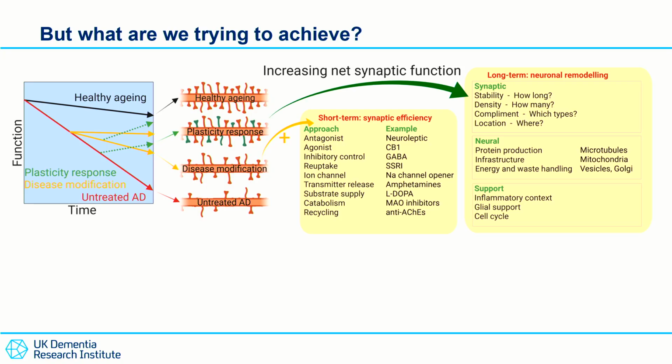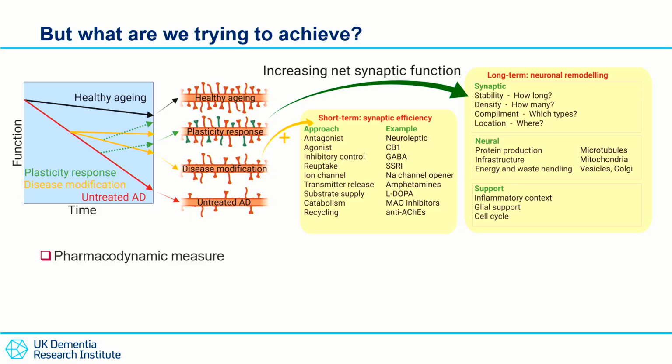But we are thinking more longer term, more neuronal remodeling, how we can either boost the numbers of synapses, boost certain types of synapses, or their molecular composition, as well as providing the necessary support they need to function correctly. And to do this, I think we need three things.